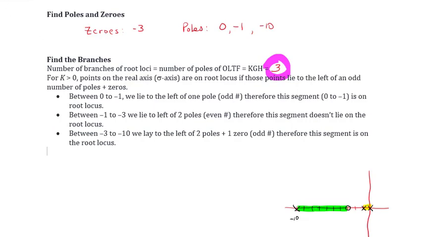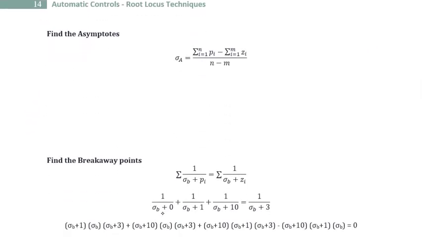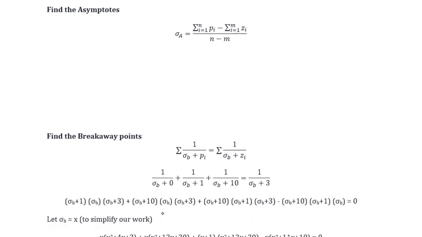Okay. So we'll keep going. Now we're going to find the asymptotes, and this time I actually included the formula for sigma sub A. So that's going to be equal to the sum of the actual poles, 0 minus 1 minus 10, minus the sum of the zeros, minus 3, all over the number of poles, 3, minus the number of zeros, 1.